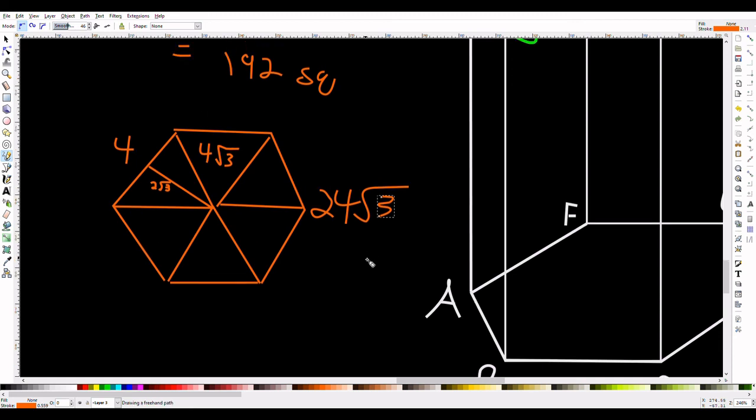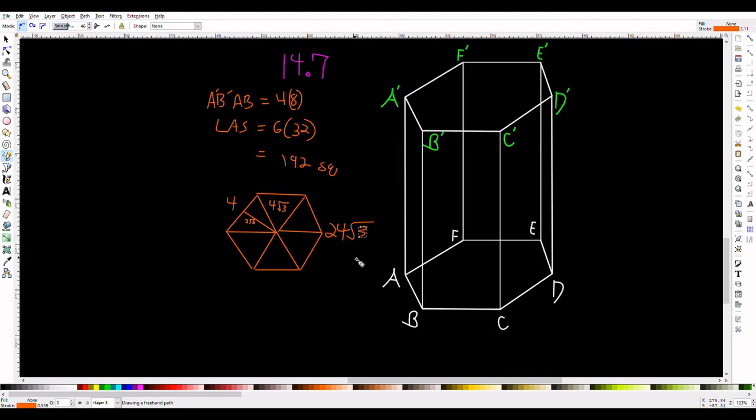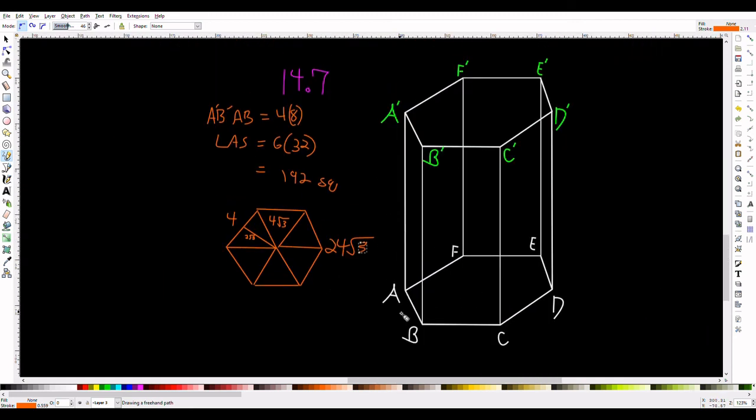There's 2 hexagons for our bases on our figure, so that's a total of 48 root 3. And if we add that to our lateral surface area, we have our answer. 192 plus 48 root 3 square units makes our total surface area.